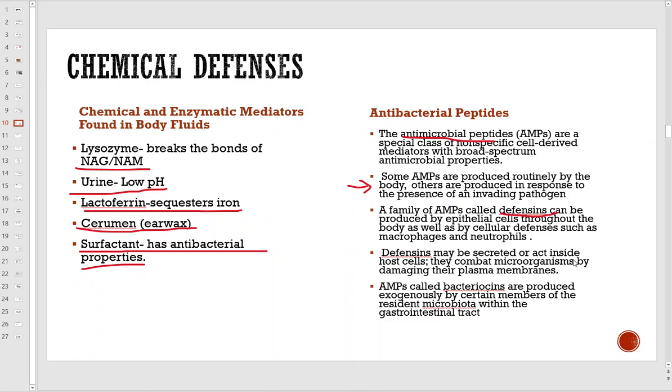These guys can also be secreted inside our host cells, damaging the plasma membranes. Bacteriocins are produced exogenously by certain members of the normal flora within the GI tract. Remember I told you that certain bacteria make antibiotics against other bacteria, and there it is.